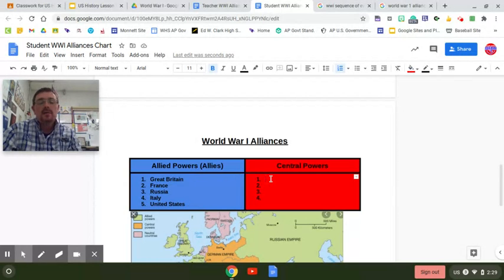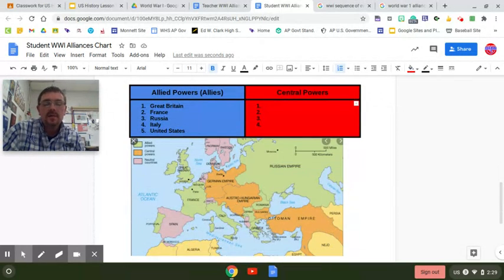The Central Powers on the other side, and you can see on this map, you are going to have Germany. You are going to have Austria-Hungary.